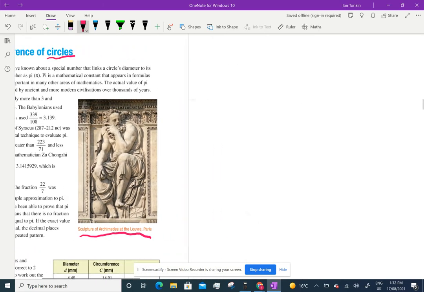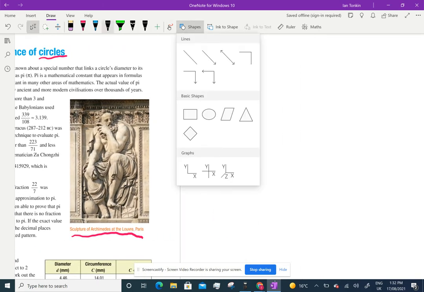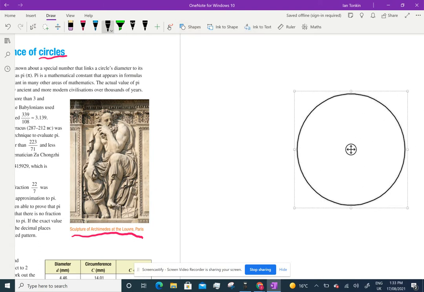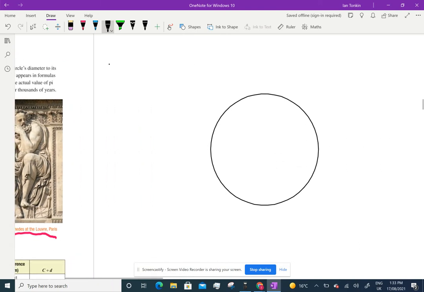If we think about it, I'm just going to get a circle up here. If I want to find the distance around a circle, and that one doesn't even look like a circle, I can't measure it because it's a curved shape.